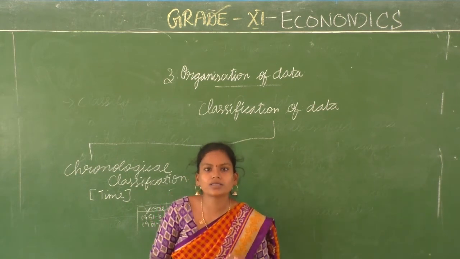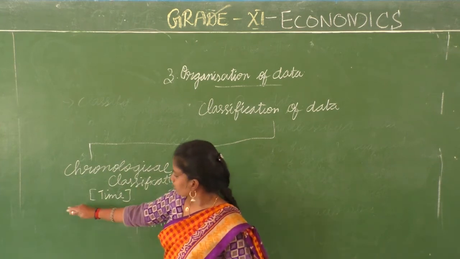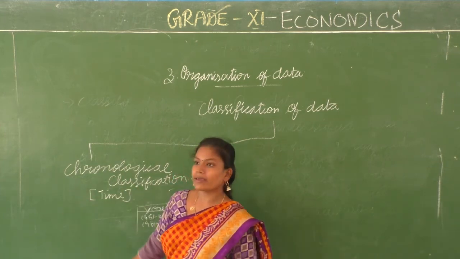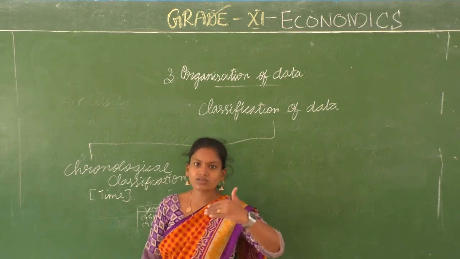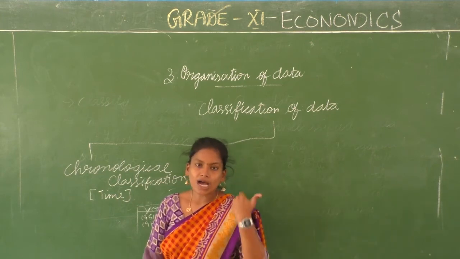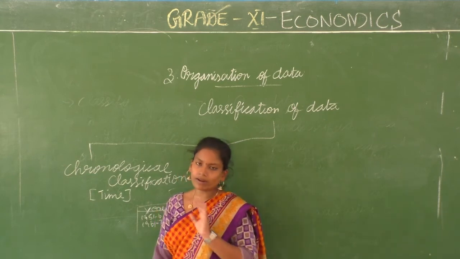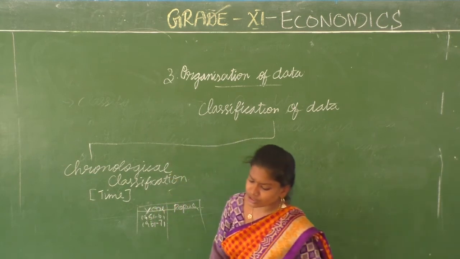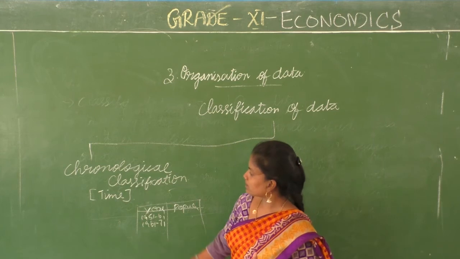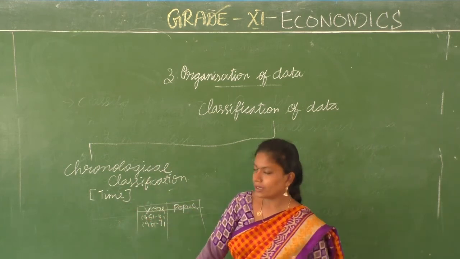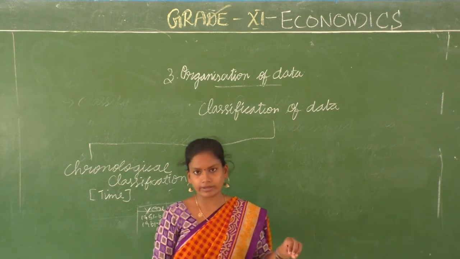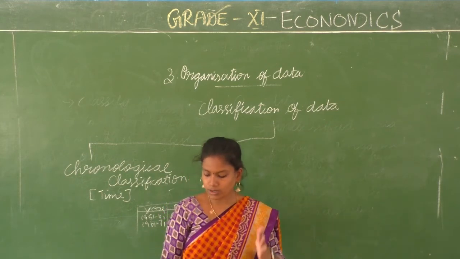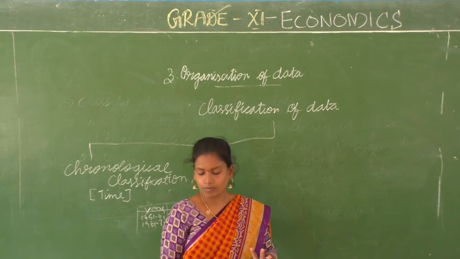Then when I wanted to classify it, what did I do? I made 20 to 30, then 31 to 40. Again, that is also a proper order. I can use ascending or descending order. Chronological classification will basically be done on the basis of time. It can be years, quarters, weeks, days, months, anything, but based on a time series.